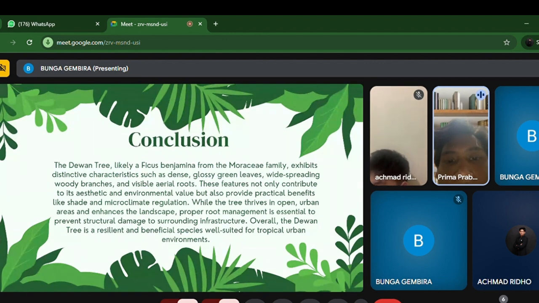While the tree suits open urban areas and enhances the landscape, proper root management is essential to prevent structural damage to surrounding infrastructure. Overall, the Dewan tree is a resilient and beneficial species well suited for the tropical urban environment.